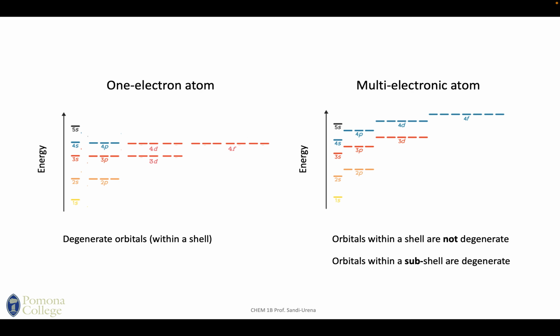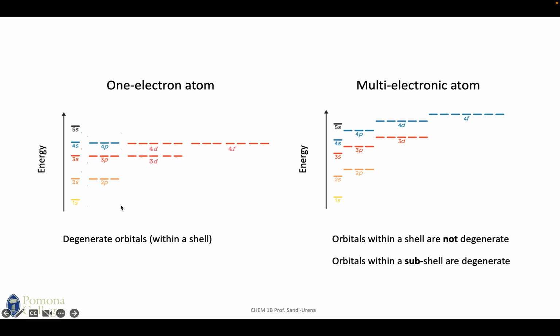One reminder and something that we need to know ahead of time before we engage in this discussion has to do with the way that the energy diagram for a hydrogen atom looks when compared to a multi-electron atom. On the left, we have the hydrogen atom, just one electron.